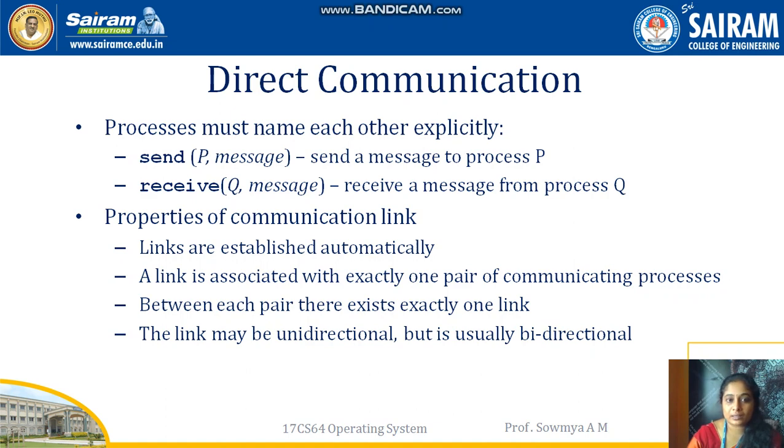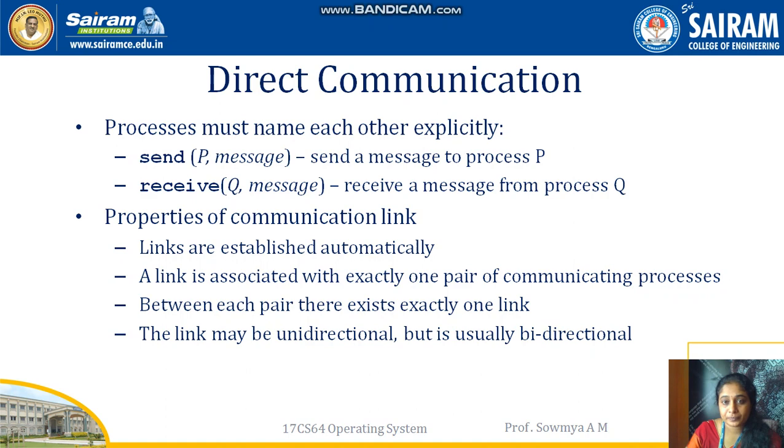Next is message passing with direct communication. In direct communication, we use two operations: send a message to a process, specifying to which process you are sending, and receive a message from a process, where the receiver gets the process ID of the sender and the message.